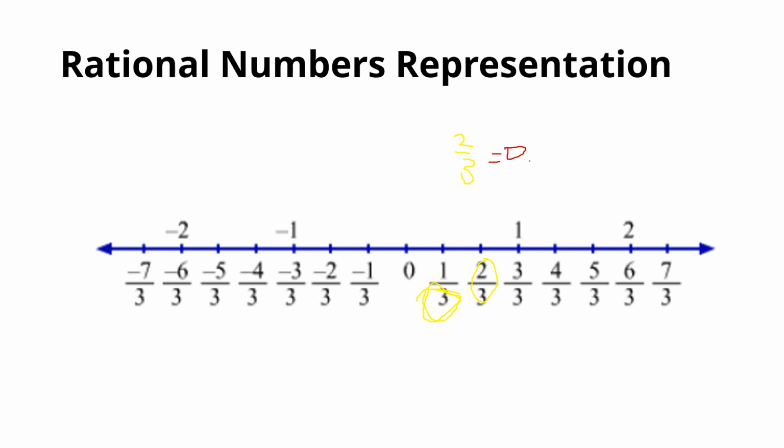So as it is lying between 0 and 1, what you have to plot is this portion, and 1 can be written as 3 by 3. So from the denominator 3, you get the idea that you will make 3 parts between 0 and 1. This is the first part, this is the second part, and this is the third part. Now look at the numerator.